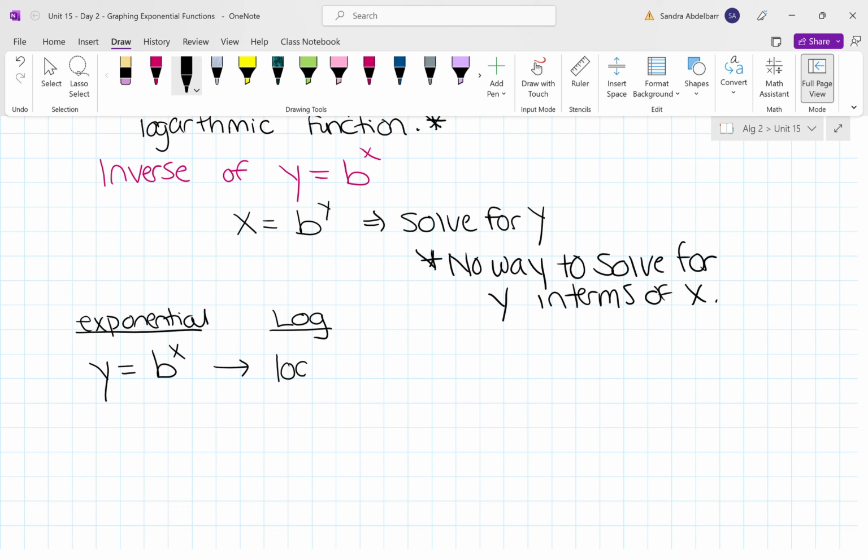Log base b of x equals y. So now let's talk about the inverse. Same idea. What do I do when we want to come up with the inverse? We switch x and y.